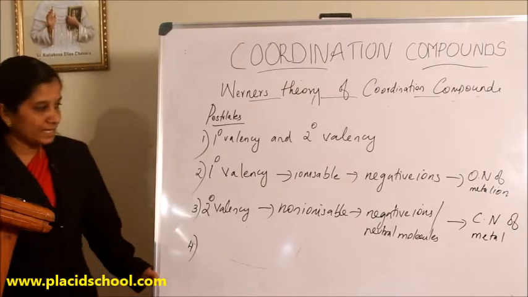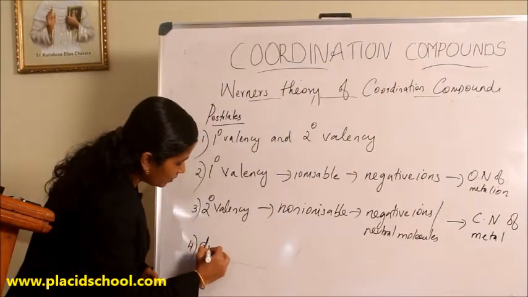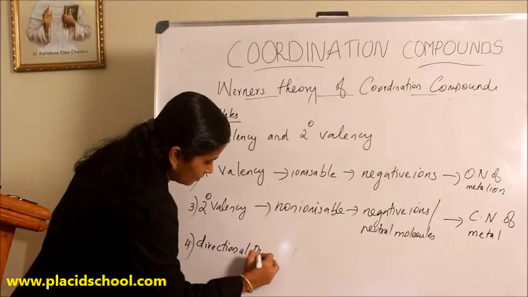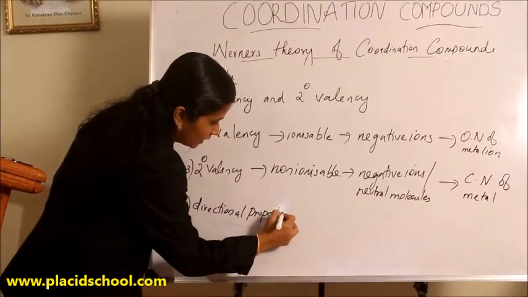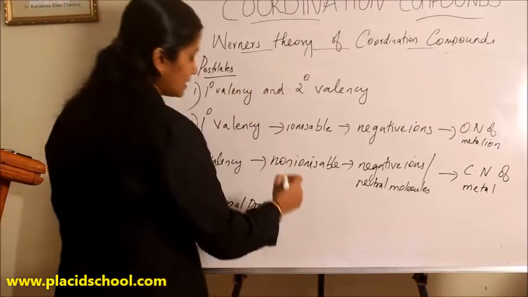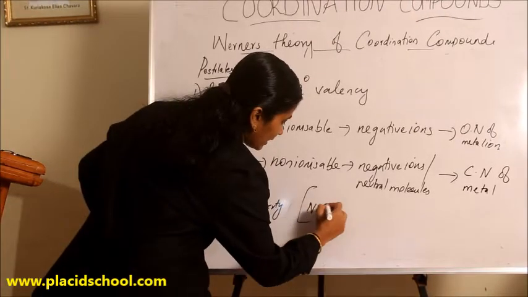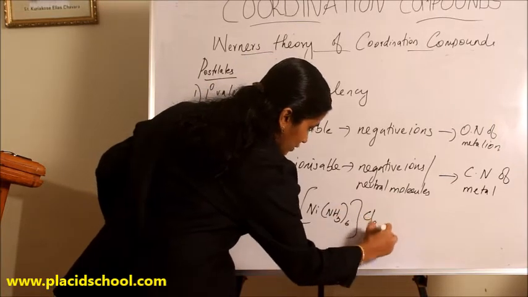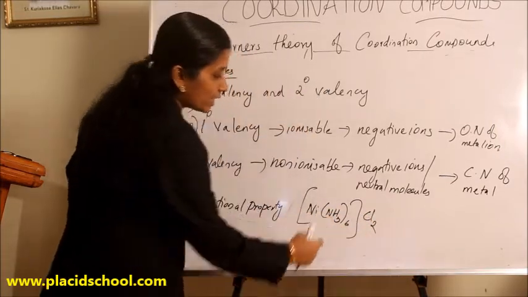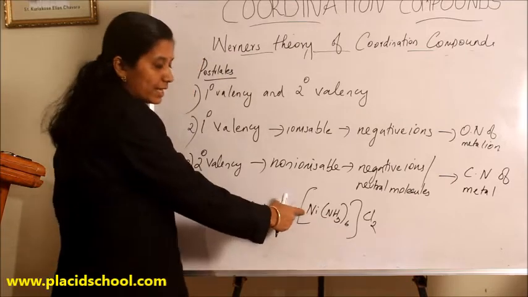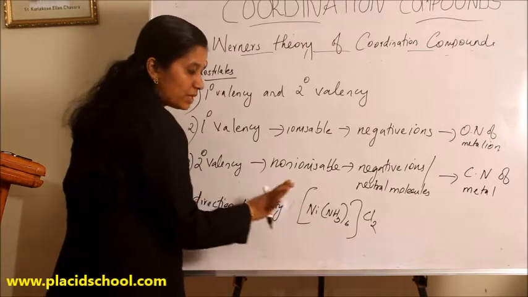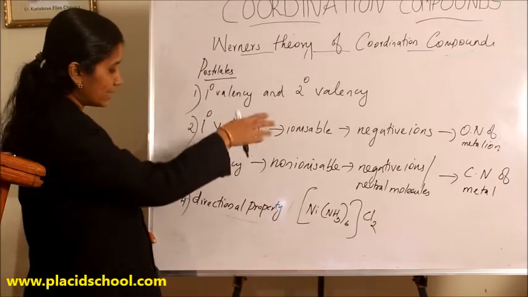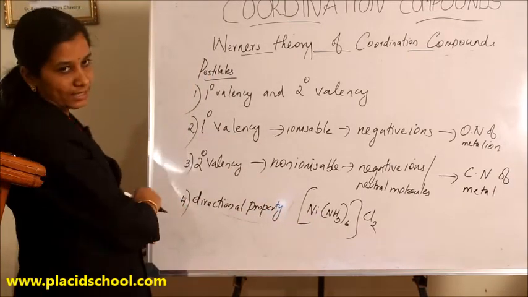The fourth postulate is about the directional property. If you consider the example [Ni(NH3)6]Cl2, the 6 ammonia molecules are attached to the nickel atom in a special arrangement, and that spatial arrangement is explained in the fourth postulate.